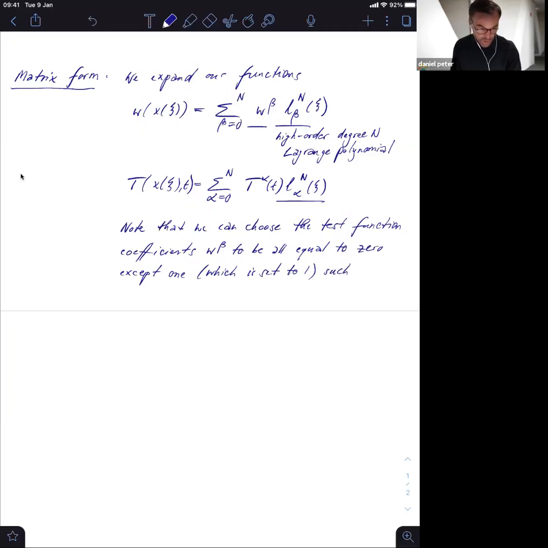What does it mean? Basically, it means we can treat each of the Lagrange polynomials one at a time.